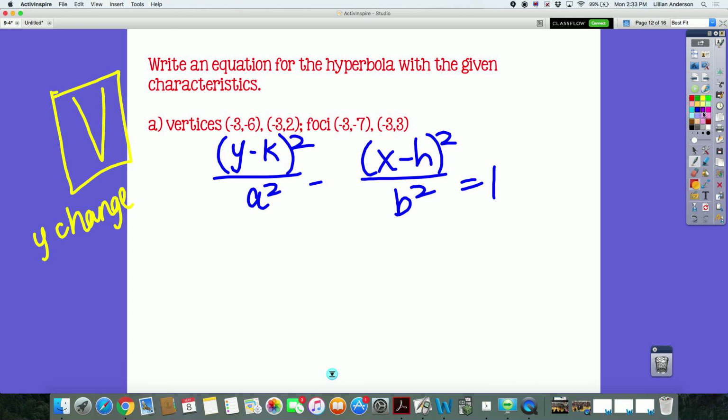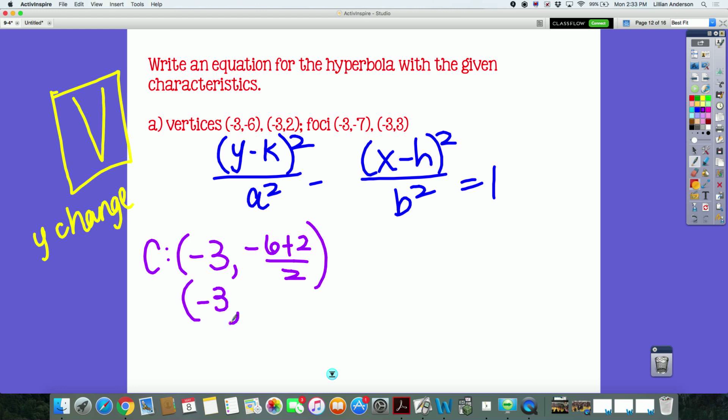Let's go ahead and find our center. Since we have our vertices, our center is just the midpoint between our vertices, or the midpoint between our foci. Since the x's are the same, the x-coordinate of the center is still going to be -3. But to find our y, we find the midpoint between the two y values.